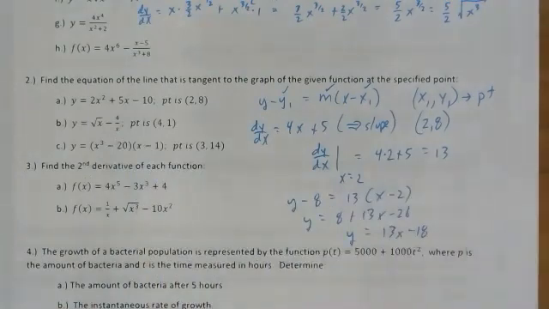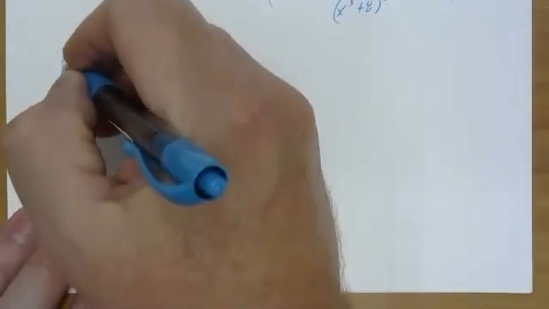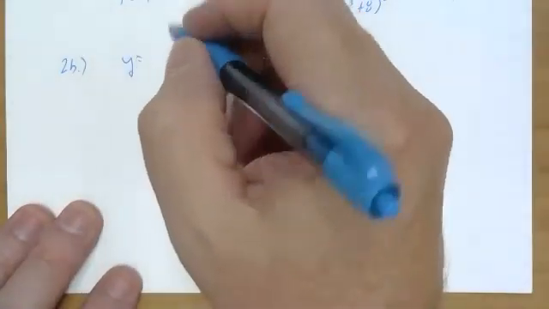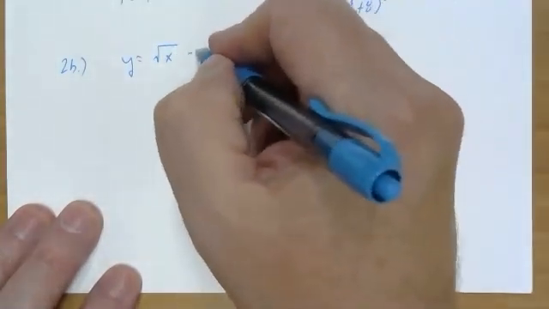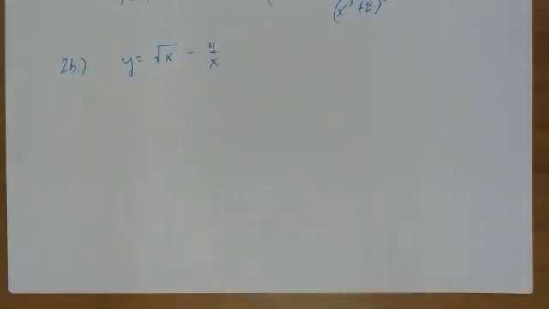For B and C, obviously I'm going to need more room. So let me go work over here. So here's 2B. The equation is y equals square root of x minus 4 over x.